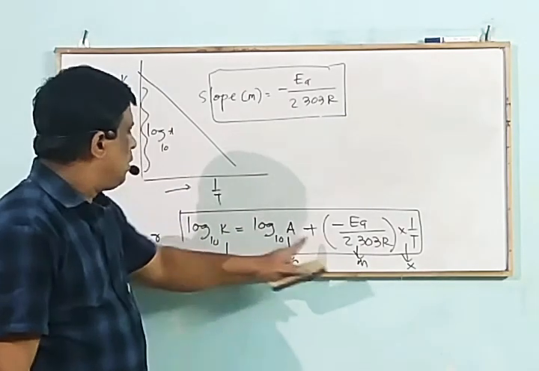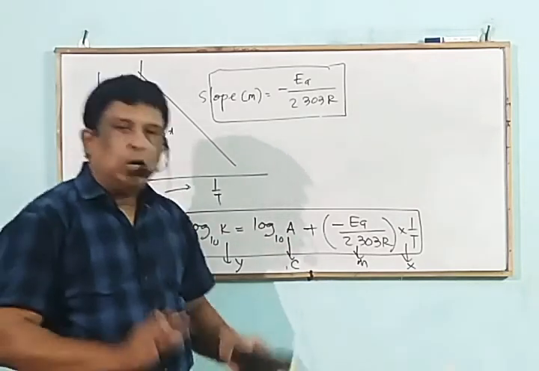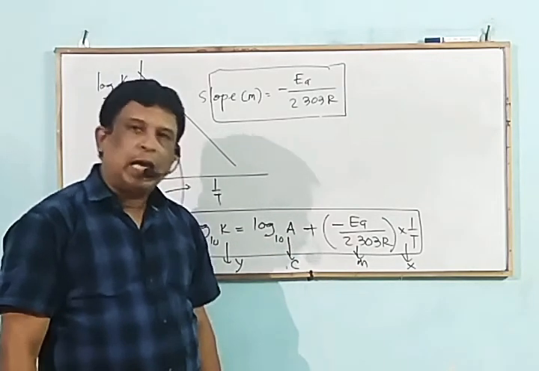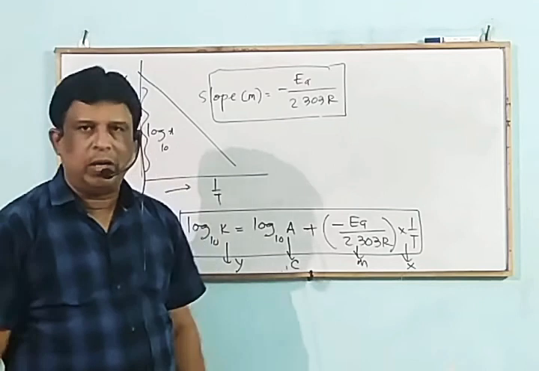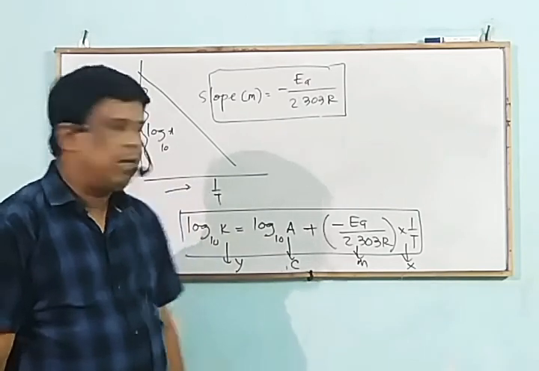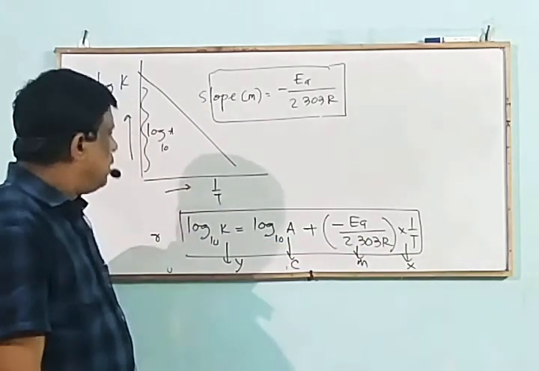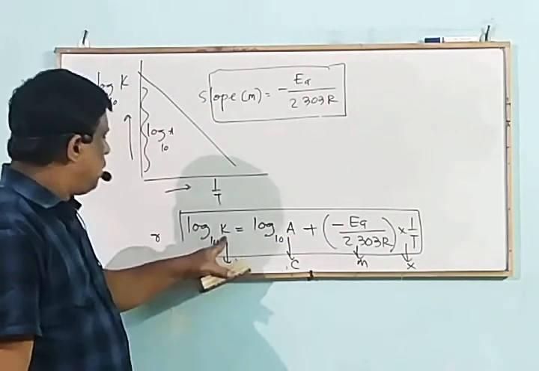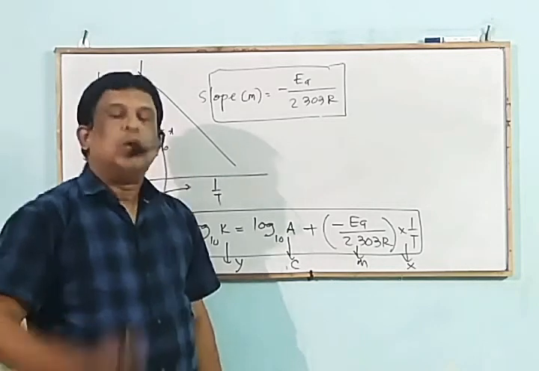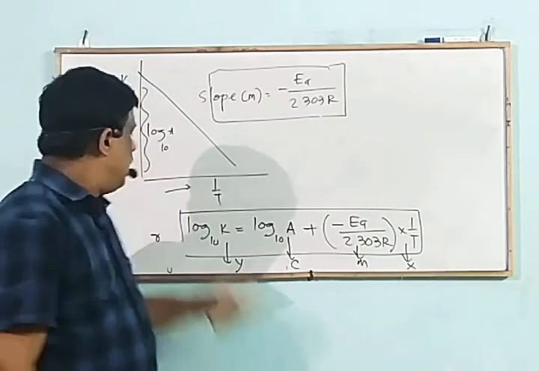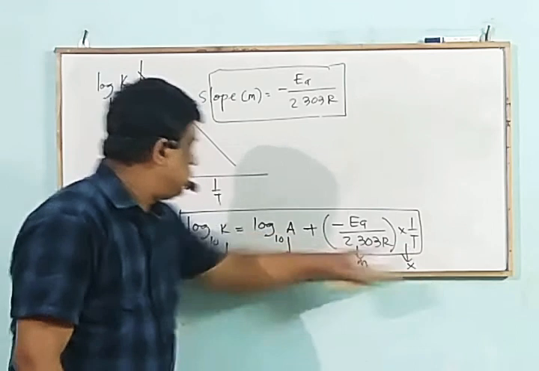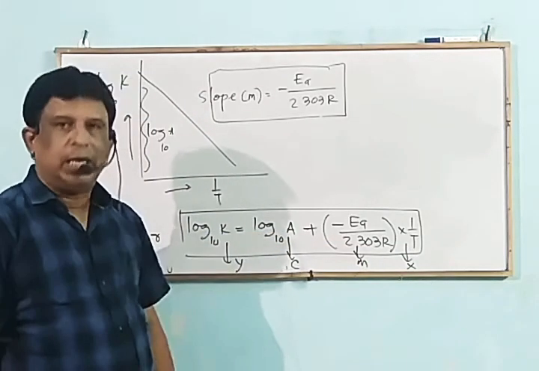Next, the Arrhenius equation can also be represented in logarithm form at two different temperatures. Mark that. Suppose when the temperature is T1, let the rate constant be K1. When the temperature is T2, let the rate constant be K2.